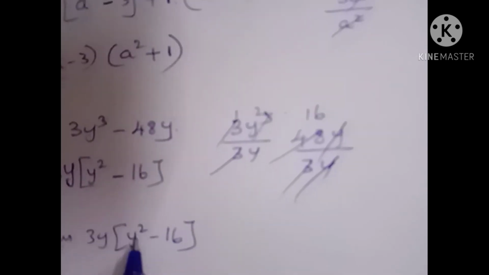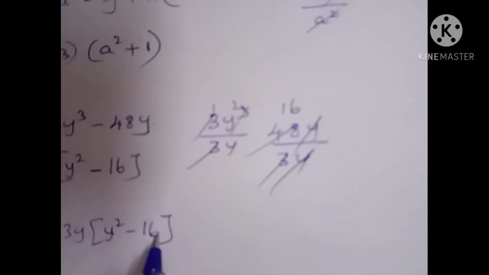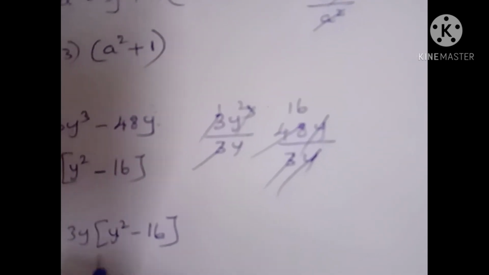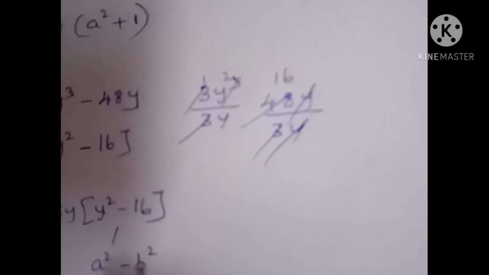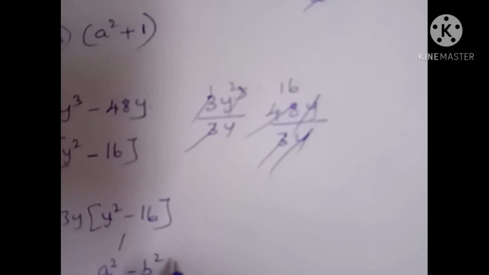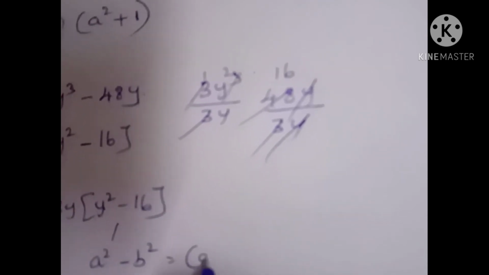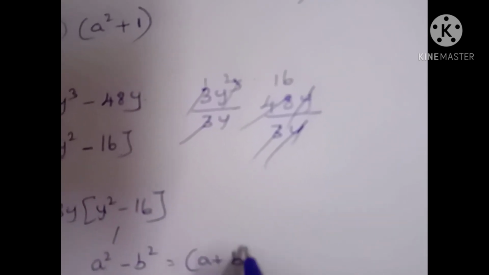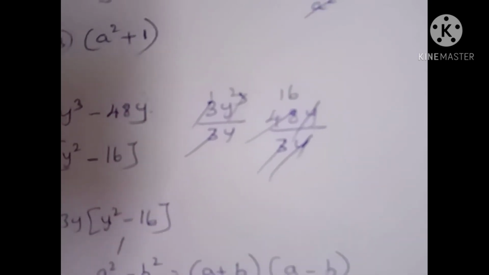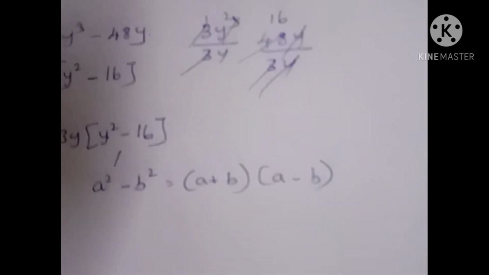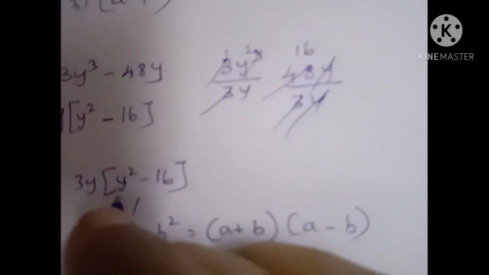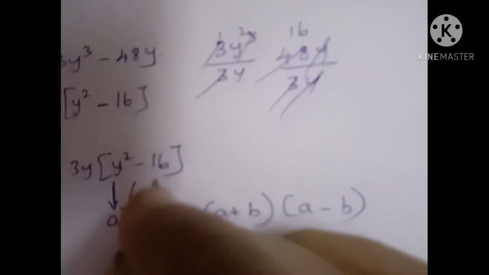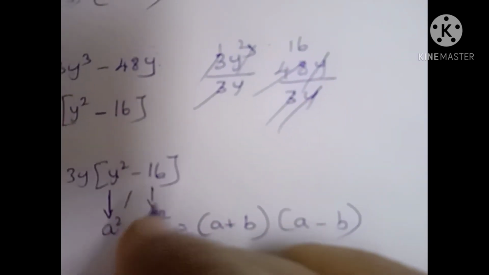So if you take y square minus 16, it is in the form of a square minus b square. A square minus b square means the identity is factorized as (a plus b) into (a minus b). Therefore, here a square is y square and b square is 16.